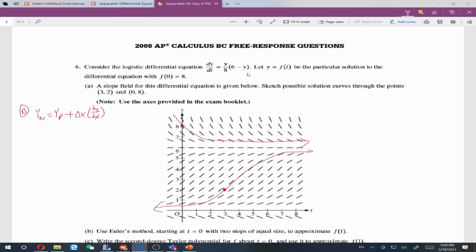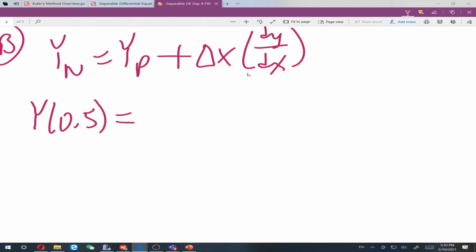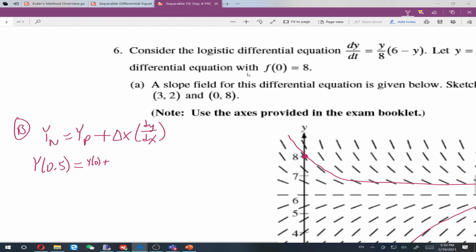y of 0.5 equals y of 0 plus 0.5 multiplied by, we said starting at t equals 0, y equals 8.